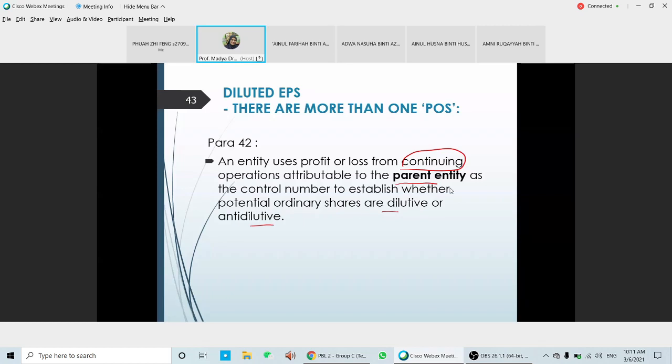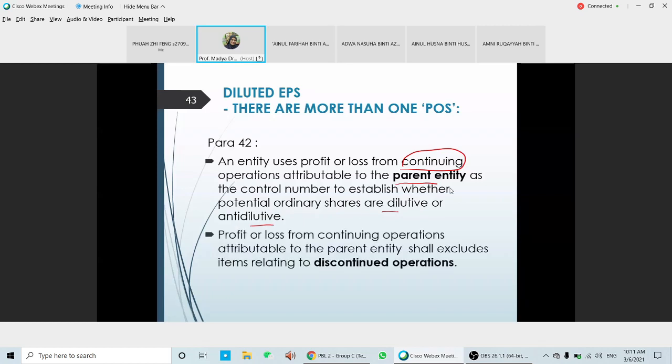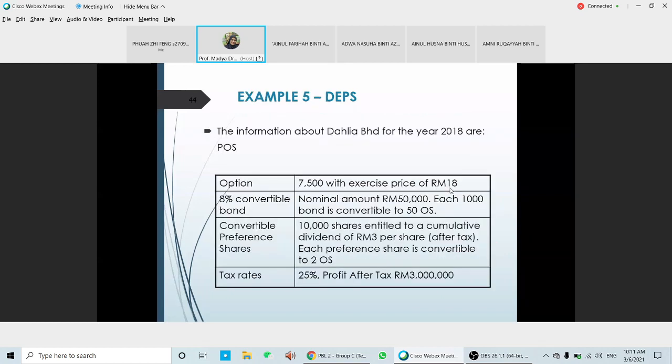If you have a discontinued operation, profit or loss from continuing operations attributable to the parent should exclude items related to the discontinued operation. We only consider profit from continuing operations. Okay, so let's look at example 5.